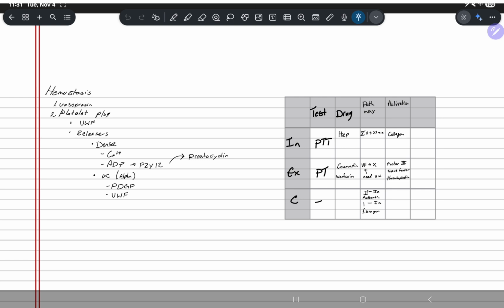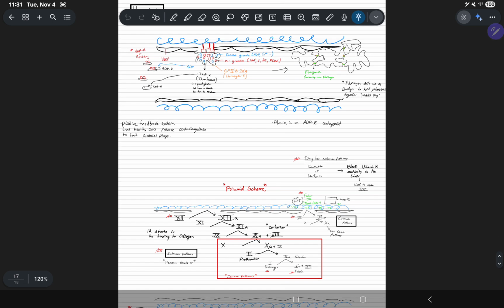The pathways, which we just discussed a little bit before, are laid out there. So this one goes from 12 down, where this other one will go from 7 down, but we'll need tissue factor. And then the activation is collagen for the intrinsic, and then factor 3, tissue factor, or thromboplastin for the extrinsic pathway.